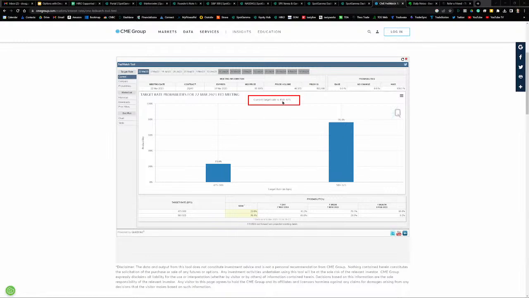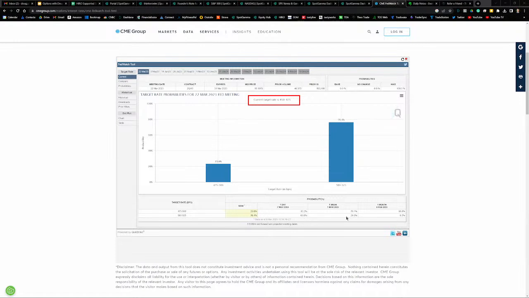The current target rate for the Fed funds rate is 450 to 475 basis points. This was basically the other way around, and actually this is showing the end of day yesterday.